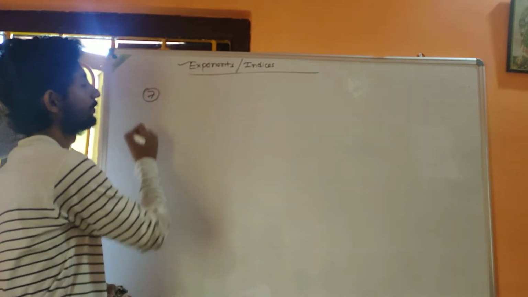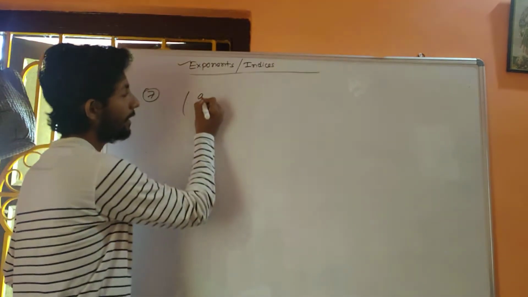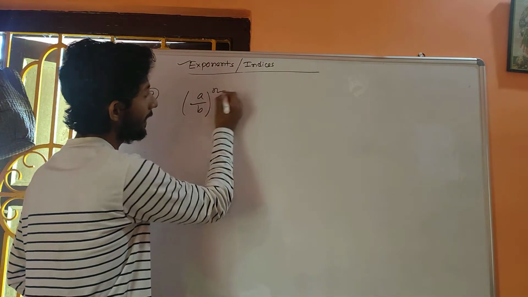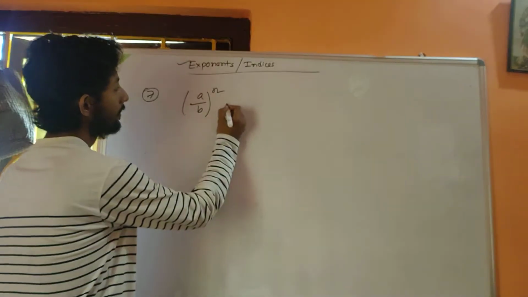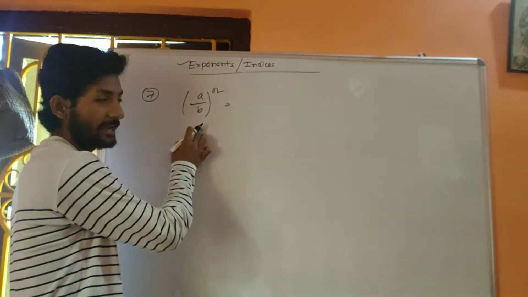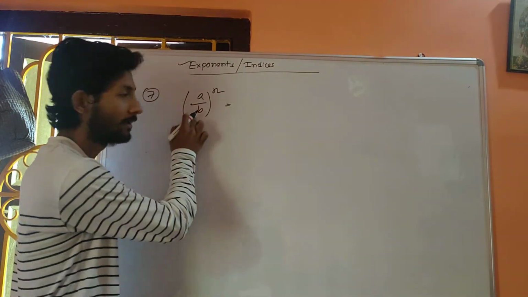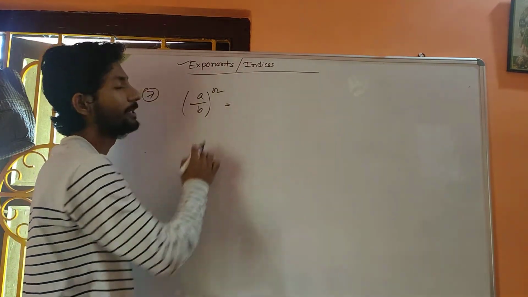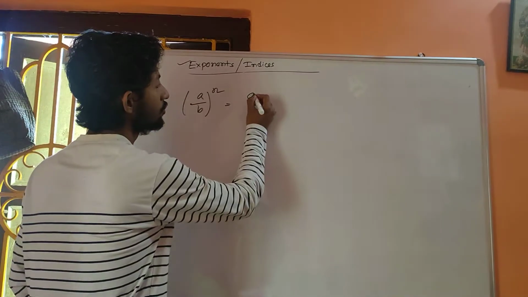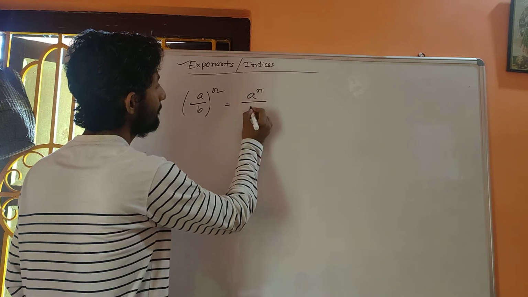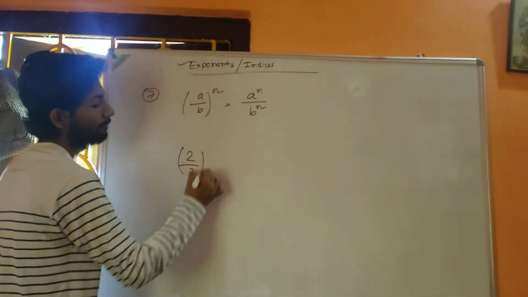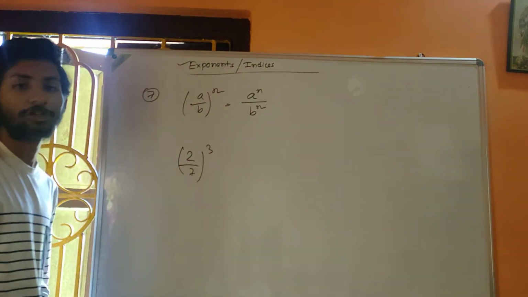Number 7 is if there is a by b to the power n, in a bracket with a numerator as well as a denominator, then the power will be distributed to the numerator and denominator also. So a to the power n by b to the power n. Suppose there is 2 by 7 to the power 3.